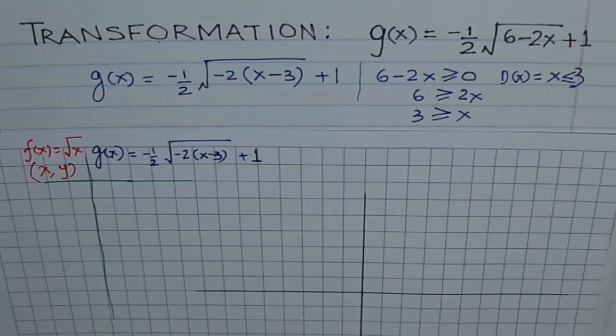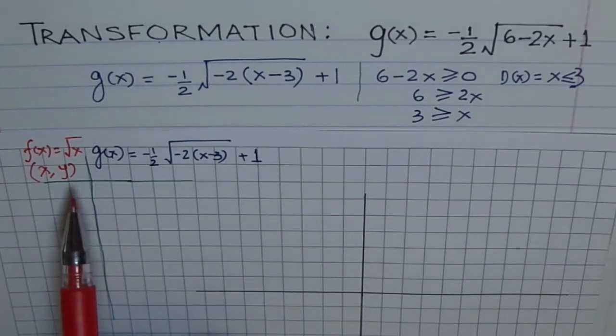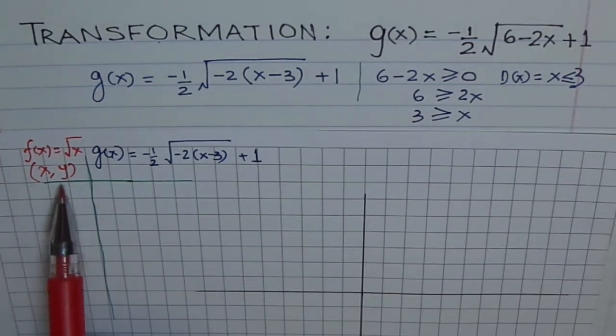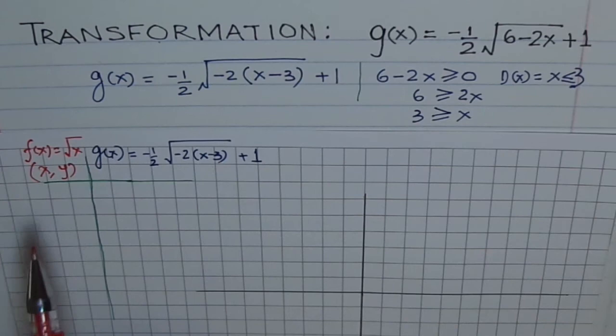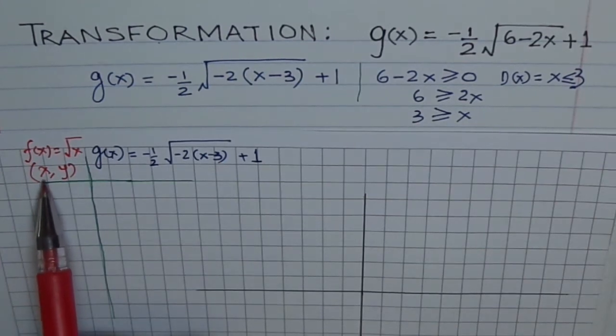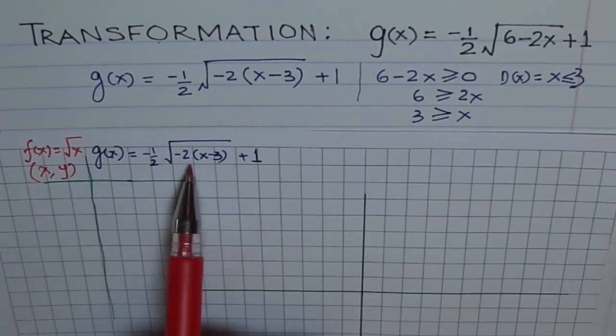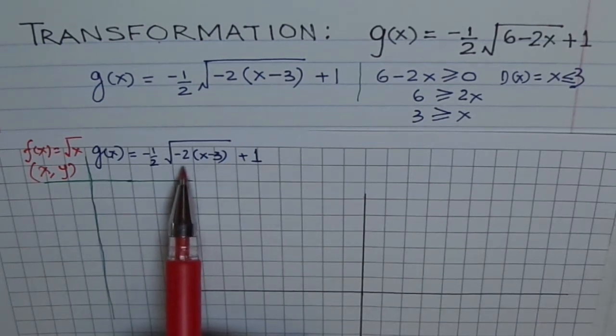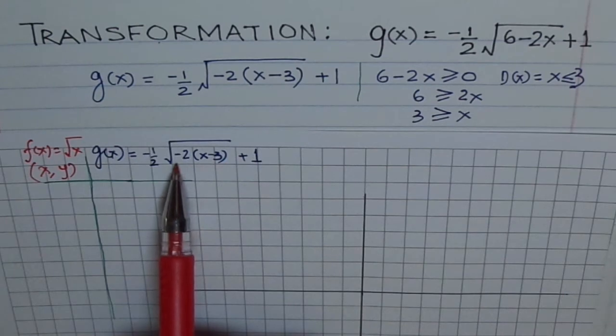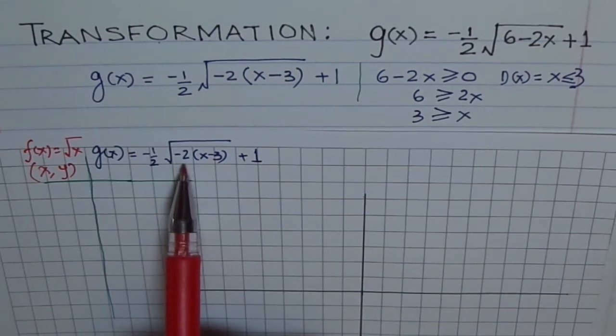Correct. So what happens to our transformed point? See how x values and y values are going to change in g(x) from f(x). g(x) is the image of f(x). Now, as far as x points are concerned, only the inside values change the x points. So let's look into the transformations. Here we are multiplying it by a factor of minus half because it's a reflection on the y-axis and a compression by a factor of half.